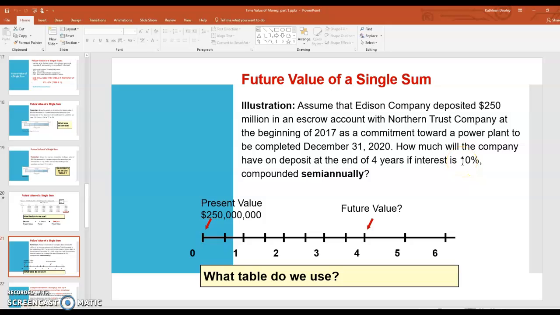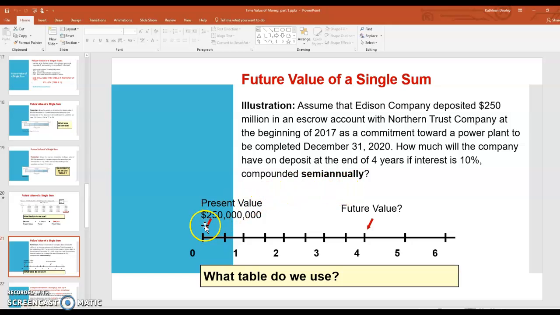Okay, here is another one. Assume that Edison Company deposited $250 million in an escrow account at the beginning of 2017. They want a power plant at the end of December 31st of 2020. How much will the company have on deposit at the end of 4 years if interest is 10% compounded semi-annually?